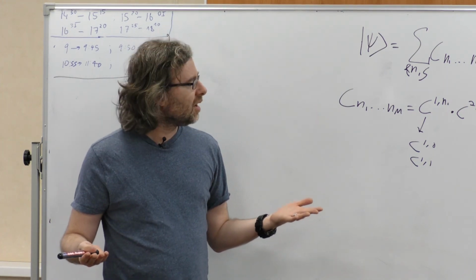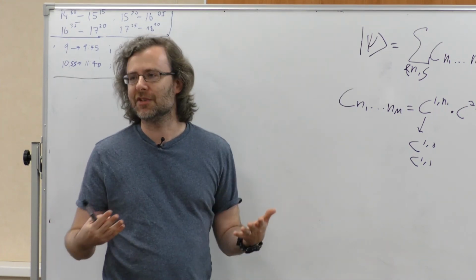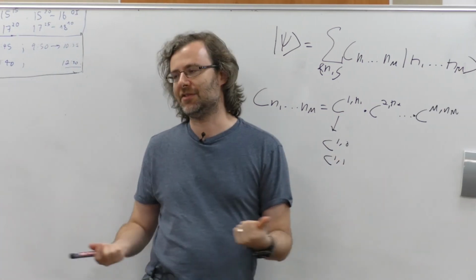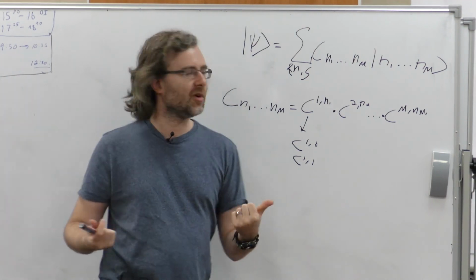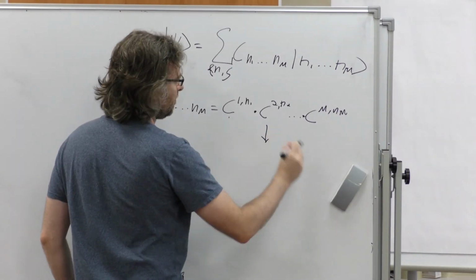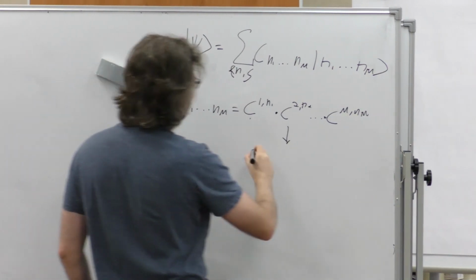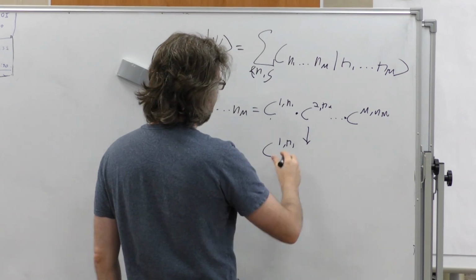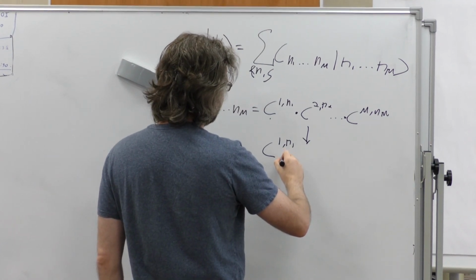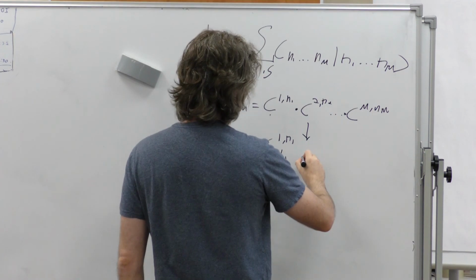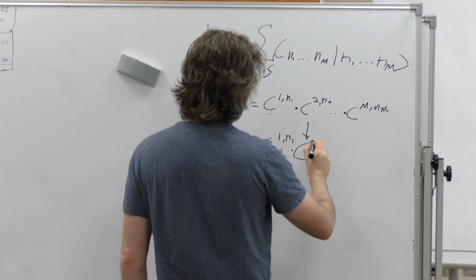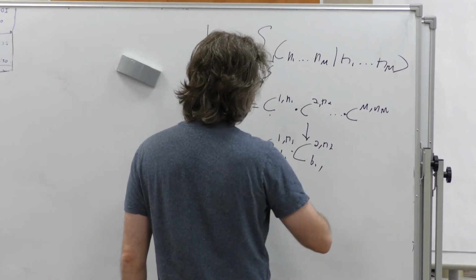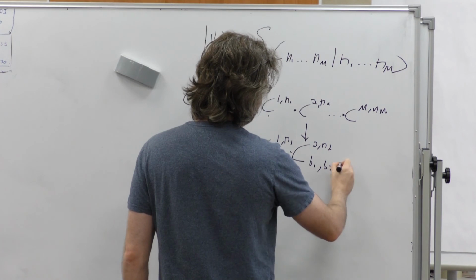Okay, but now what you can do is you can try to improve this thing. So you can take these numbers and promote them to matrices. Okay, so what I'm going to do is to go from this to something like this. C1, n1, and I will give it an index. Let's call it B1. Then I'll have C2, n2, and I'll give it two indices, B1 and B2.